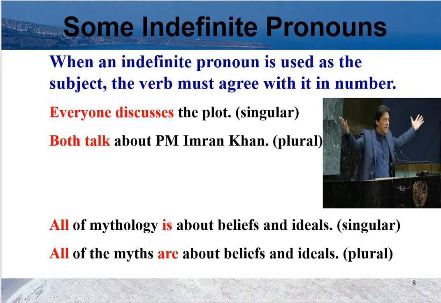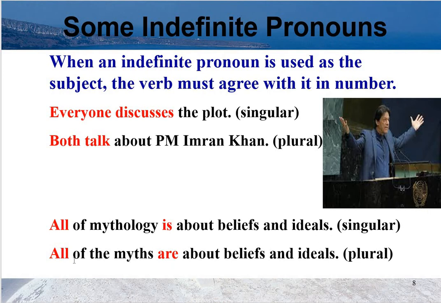When an indefinite pronoun is used as the subject, the verb must agree with it in number. Everyone discusses the plot. Here everyone is singular. Both talk about Prime Minister Imran Khan. Now both is plural, that's why talk has been used as plural. All of mythology is about beliefs and ideals.